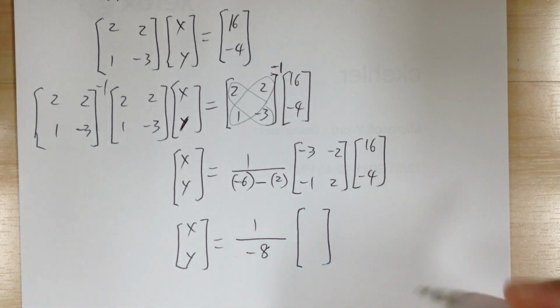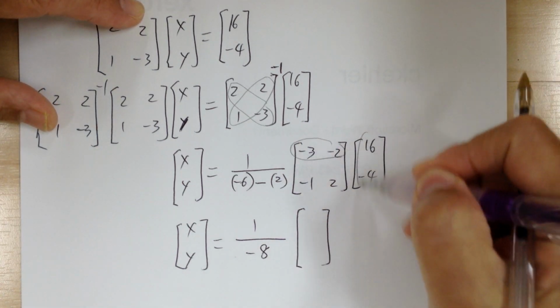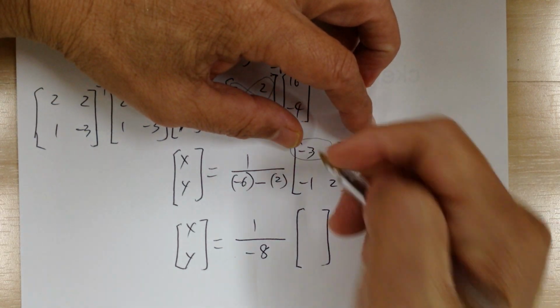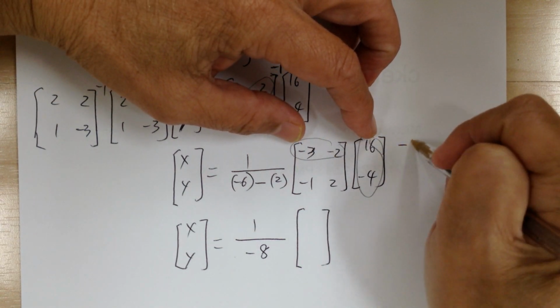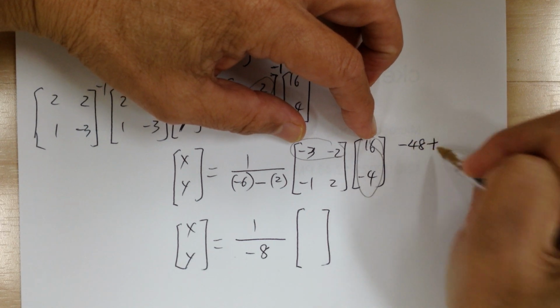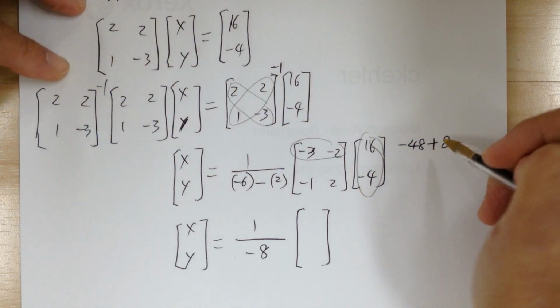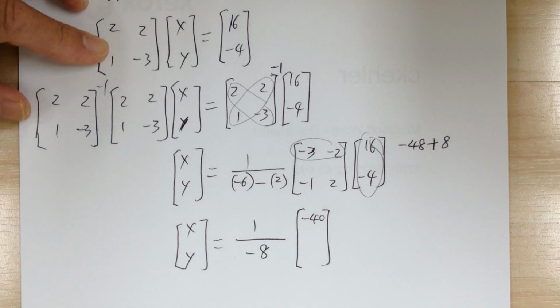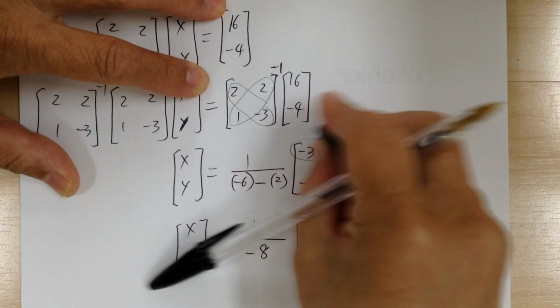Okay, so we're going to use the first row, first column. When you multiply, this would be negative 48 plus 8, so this will give me negative 40. Then after I'm done with the first row, I'm going to do the second row.